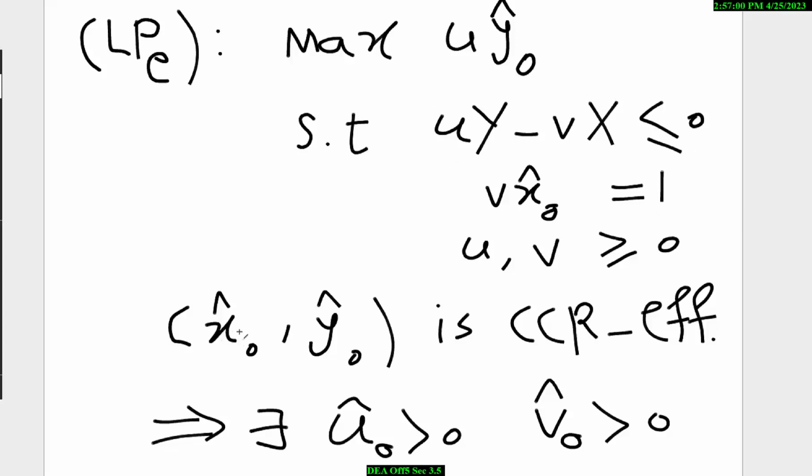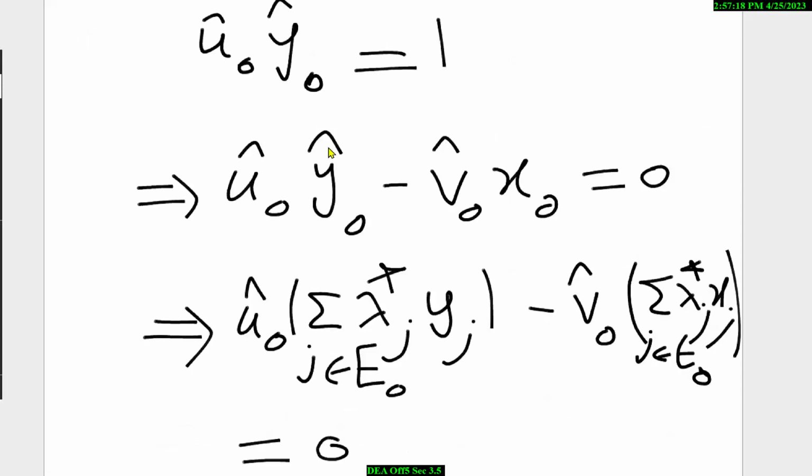We know that this DMU, the CCR projection, is CCR efficient if there exists an optimal solution with positive components of weights with the optimal objective value equal to 1.